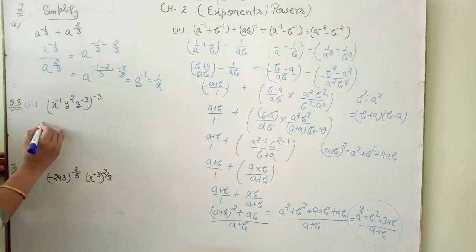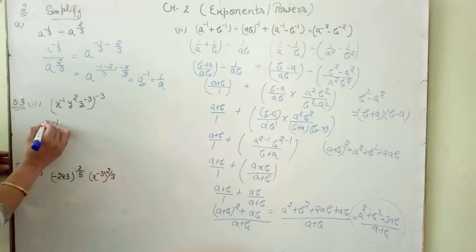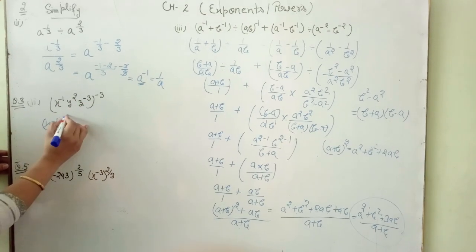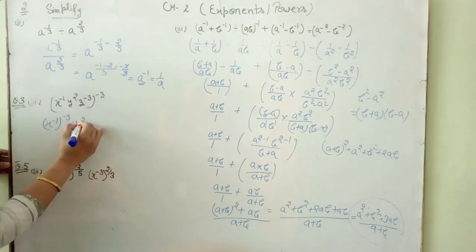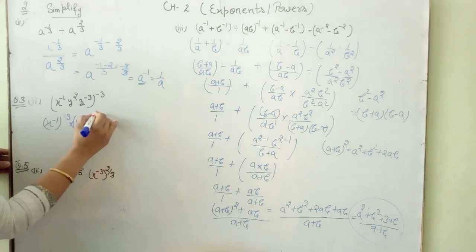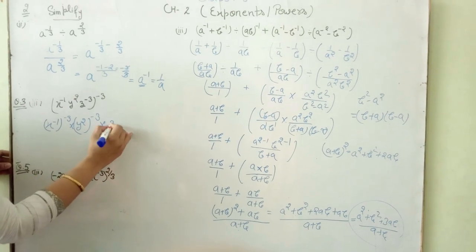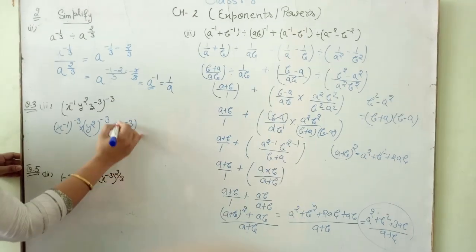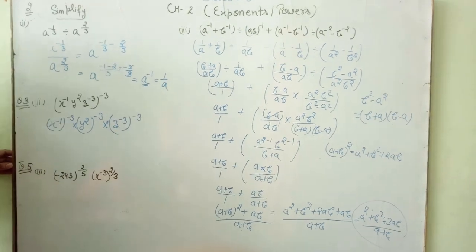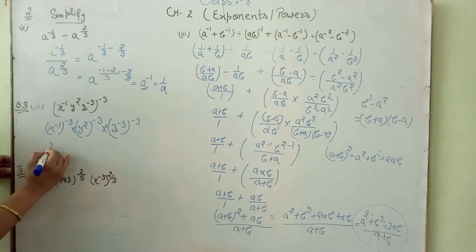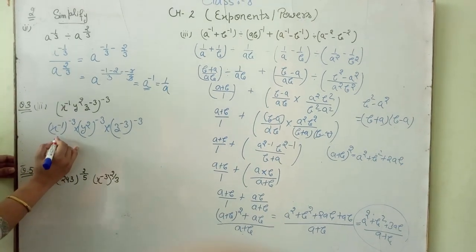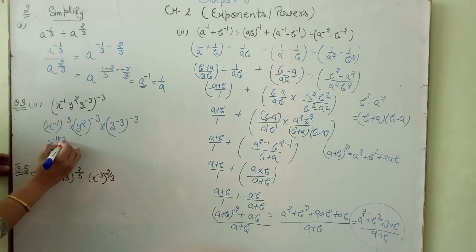X raised to the power minus 1 and raised to the power minus 3. Clear? Again y raised to the power 2, power minus 3. Again z raised to the power minus 3 and power minus 3. Clear? X raised to the power minus 1 multiplied by minus 3, then power to power according to the power law, minus 1 multiplied by minus 3.